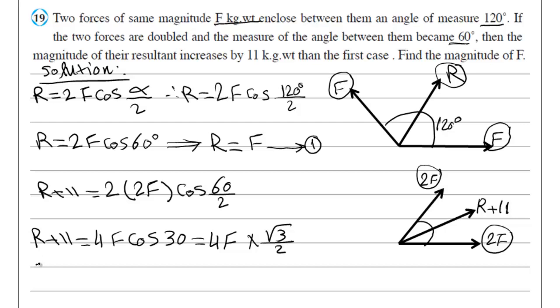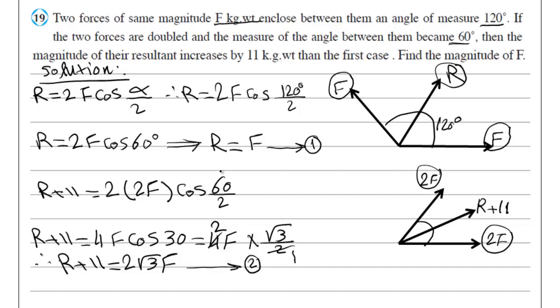So we can write R plus 11 equals 2 root 3 F. Divide 2 equal 1, divide 2 equals 2. And this is number 2.